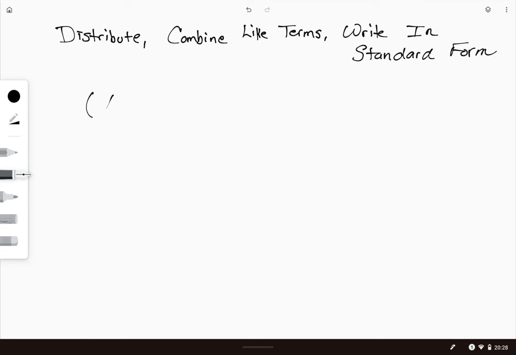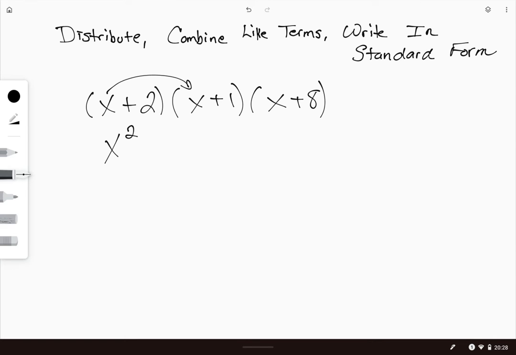Let's do this one here, x plus 2 times x plus 1 times x plus 8. All right, so this one, we're going to start with just working with 2 of the binomials. So x times x is x squared, and I can go ahead and I can FOIL this like we learned yesterday because I'm working with the binomials.